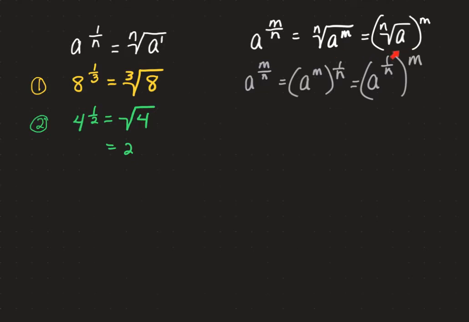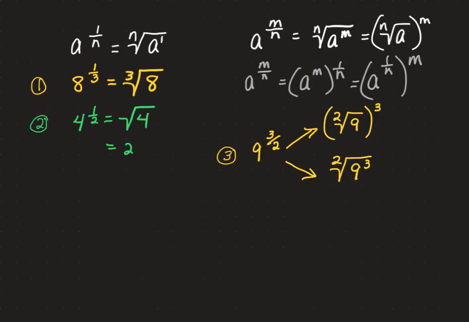Why would we want different forms of this? Let's look at an example. And let's interpret this two different ways. Which one appears most useful to you? I would argue it's the one on top, because I know that the square root of 9 is 3, and then if I raise that to the third power, I get 27. I can do that without a calculator.